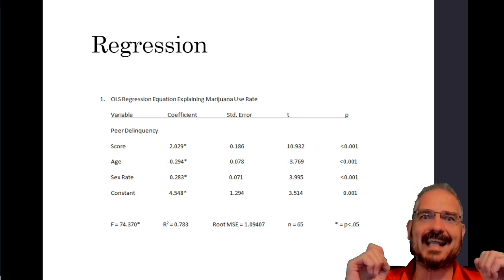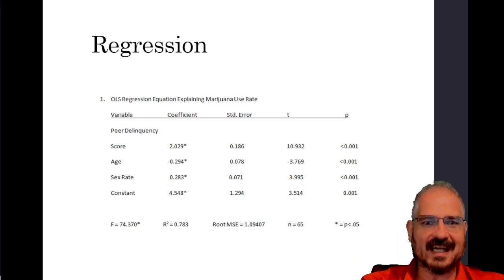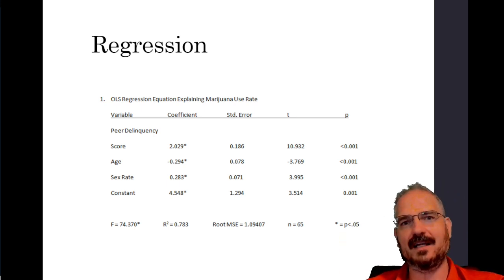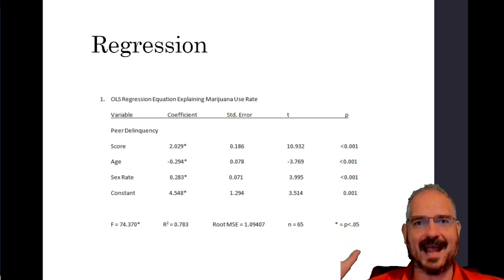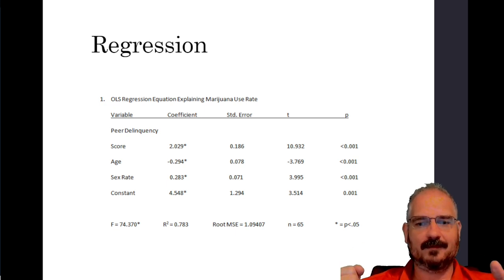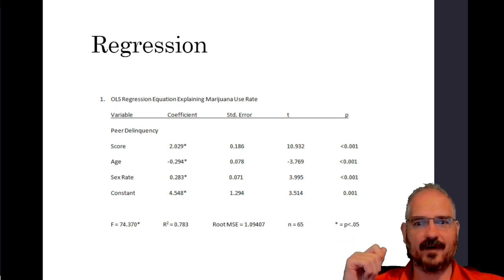Well, we can calculate the odds that it's due to pure random chance. What are the odds that we would see what we're seeing here if there was no actual relationship in reality, and the only reason we're seeing what we see here is because by pure random chance we happen to get a sample that looked like this? And that is that P number over there on the far right.